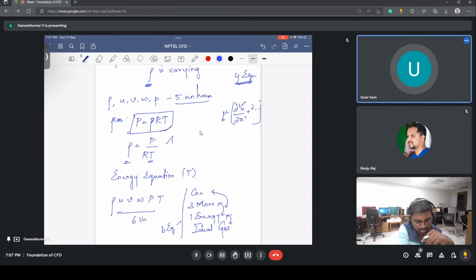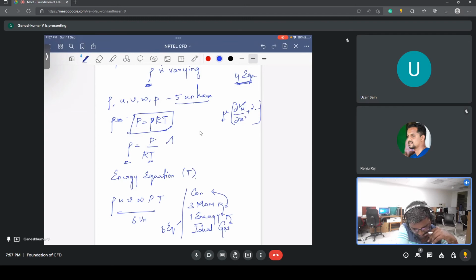So actually, for a compressible gas, because of both temperature and pressure, you will see density difference. It actually depends on both. It is coupled with the ideal gas equation.